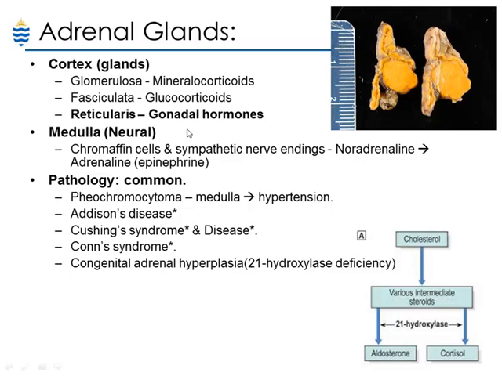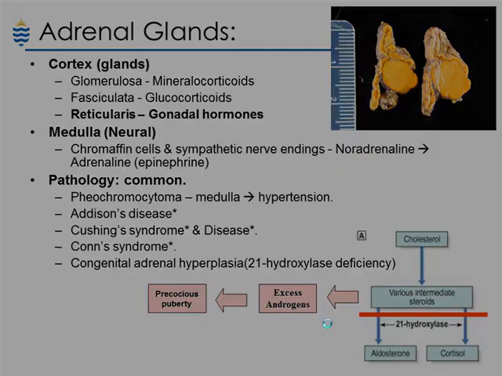Adrenal glands, cortex, medulla. The commonest pathology is medullary pheochromocytoma, enlargement producing a nodular or diffuse hyperplasia. Conn's syndrome, congenital adrenal hyperplasia, that is 21 hydroxylase deficiency.